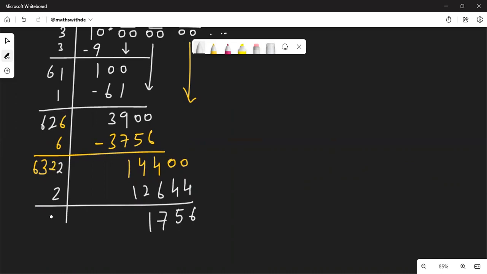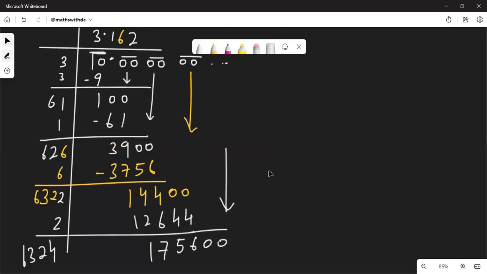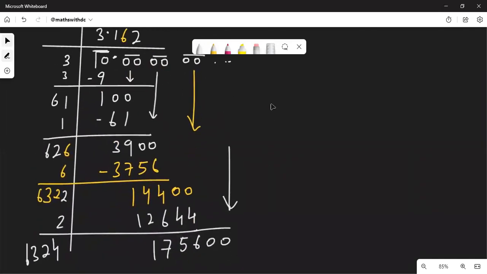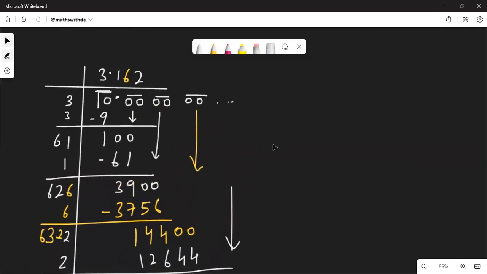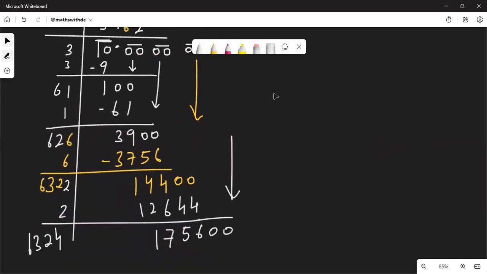Add these numbers. 2 plus 2 is 4. 2 is as it is, 3 is as it is, and 6 is as it is. You can take down a pair of zeros. 2 zeros coming down. Did you write this 2 up also? Yes, 3.162. Yes, 2 is written.